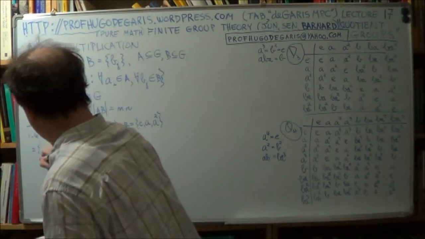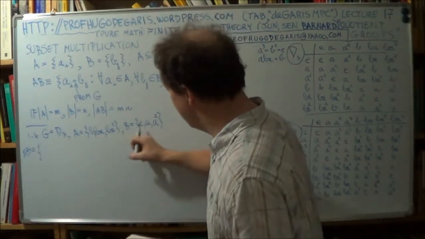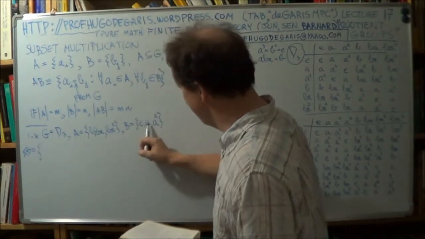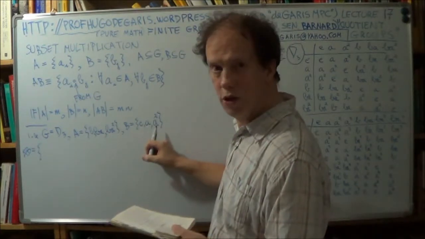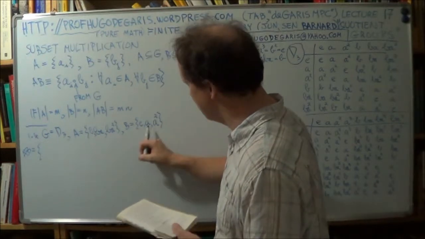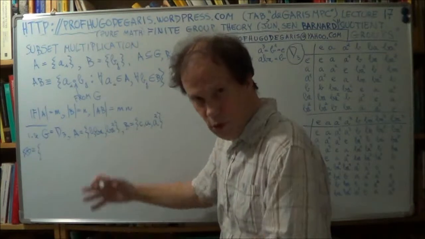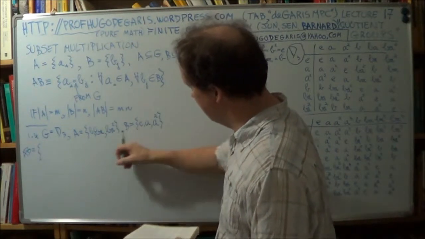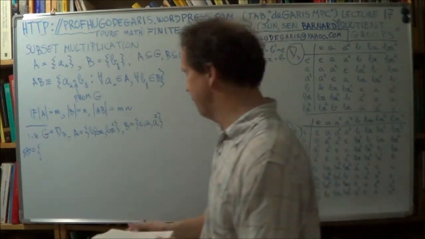B times each of the three, then BA times E, BA times A, and BA times A squared, and then 3 more, so 9 in total: BA squared E, BA squared A, BA squared A squared. Let's write out those 9 terms.